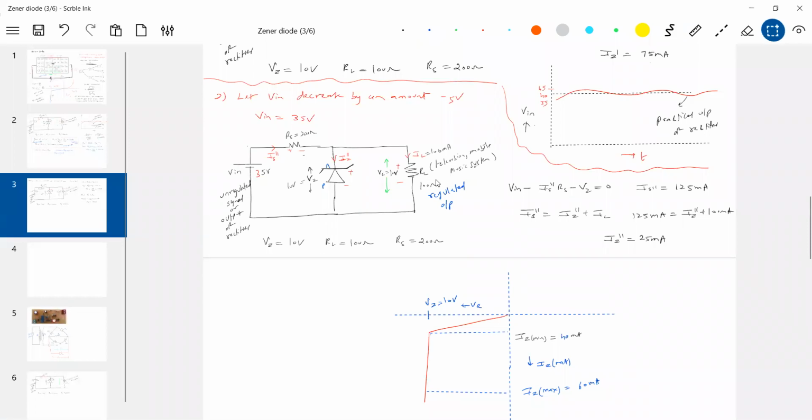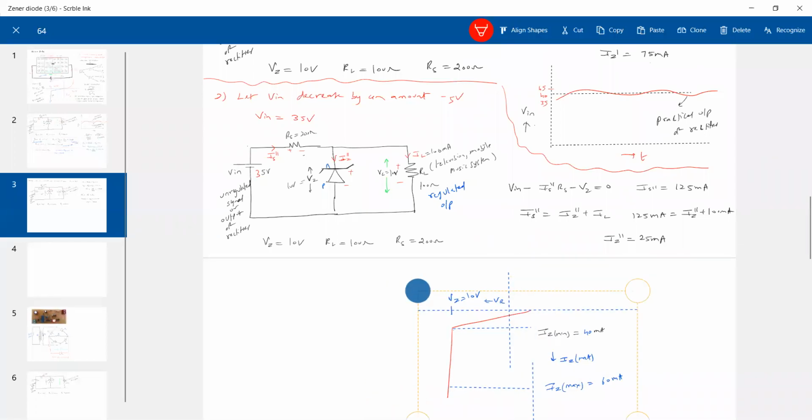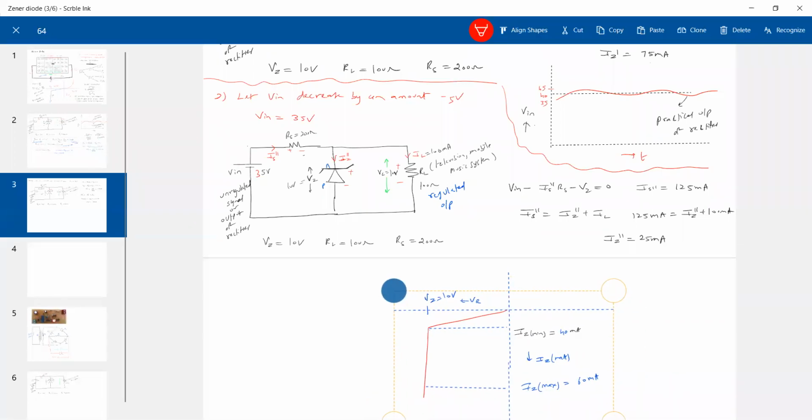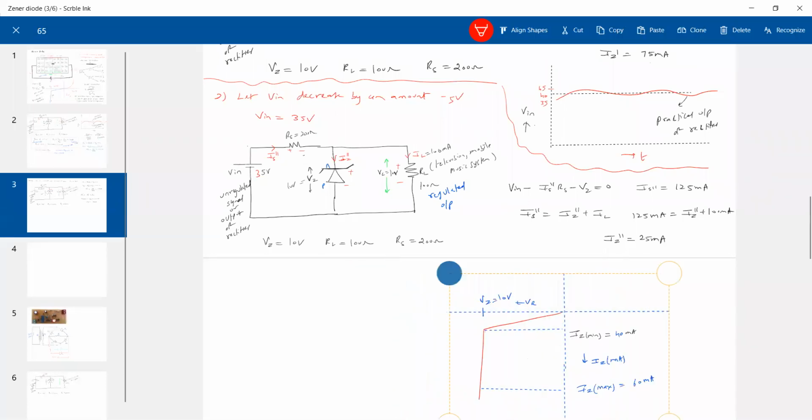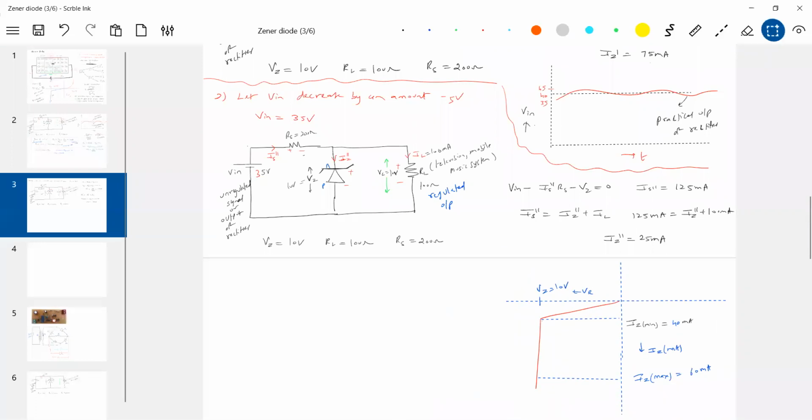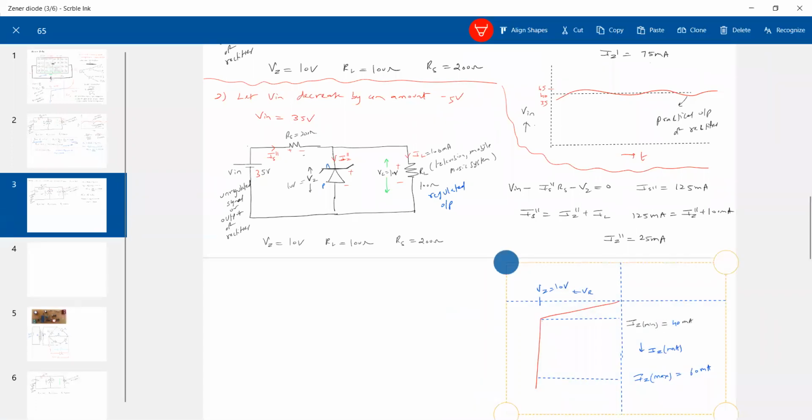I'll give both in parallel so that you'll come to know the meaning of this. So what is the type of Zener diode? I think I should study the circuit here, no? What are the maximum and minimum?